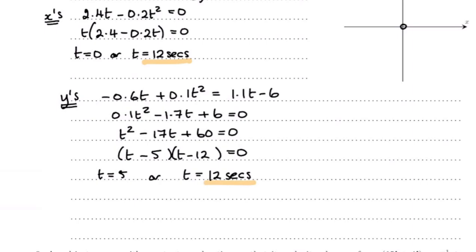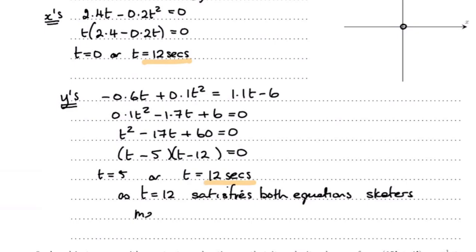So you can say, as t equals 12 satisfies both equations, the skaters meet when t equals 12.